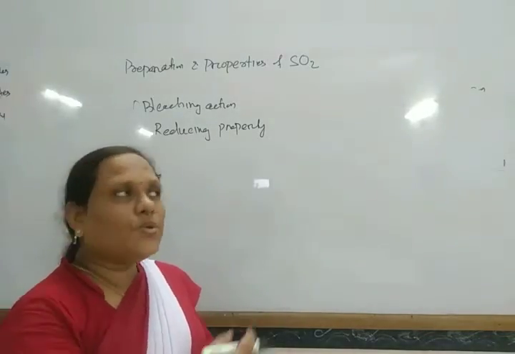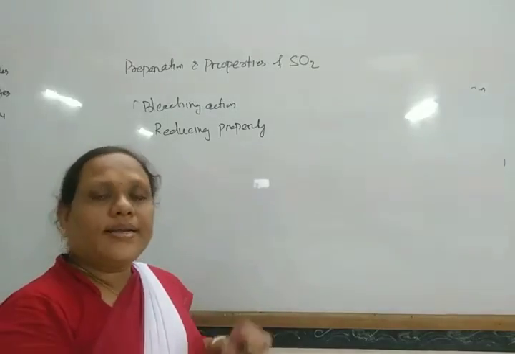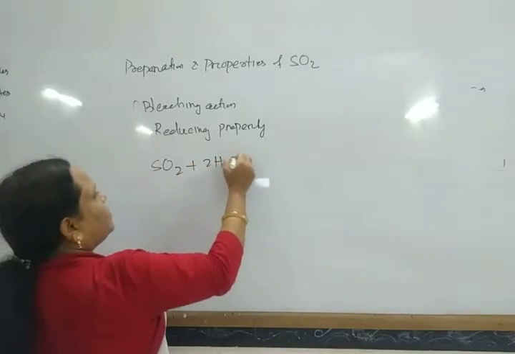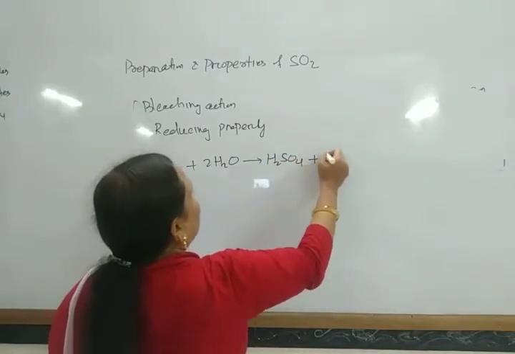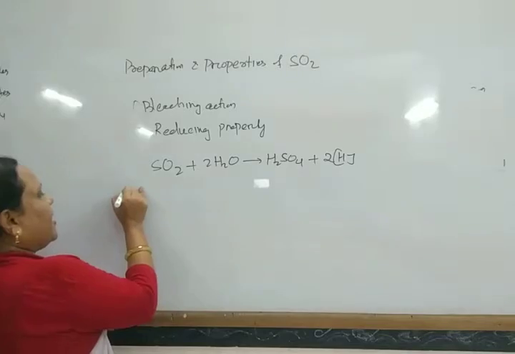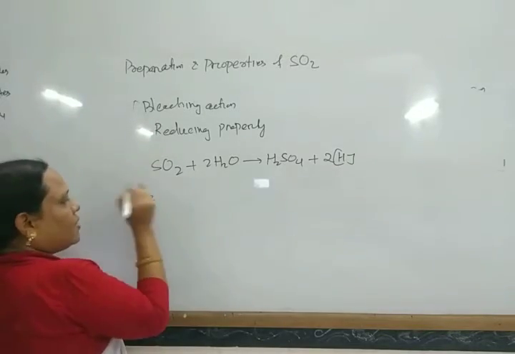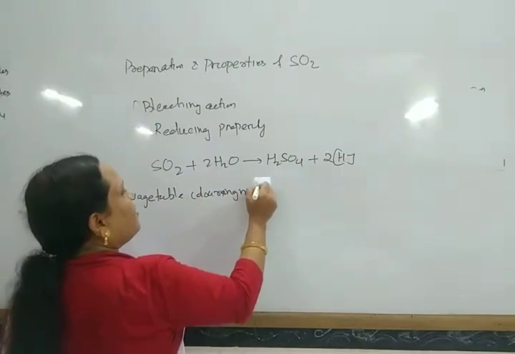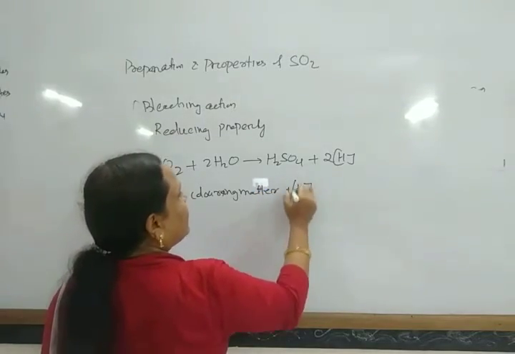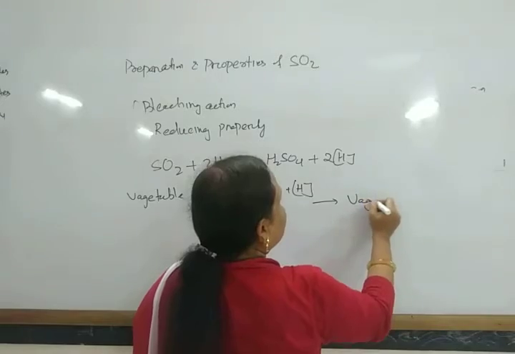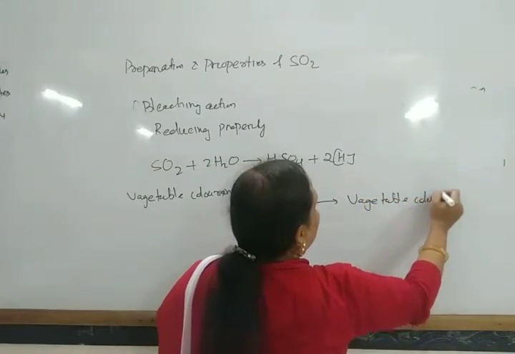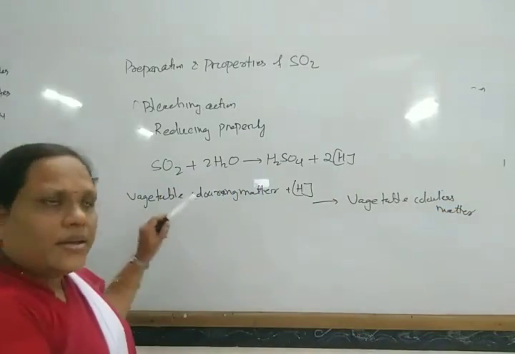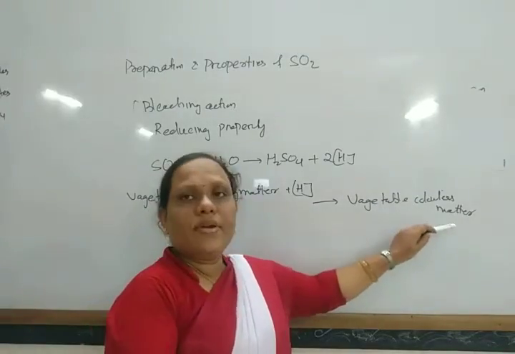So SO2 plus 2H2O give rise to H2SO4 plus 2H, and natural coloring matter, when treated with hydrogen, becomes colorless matter.